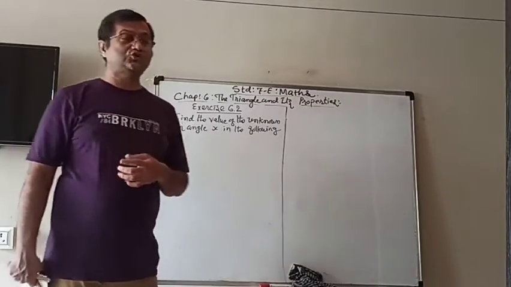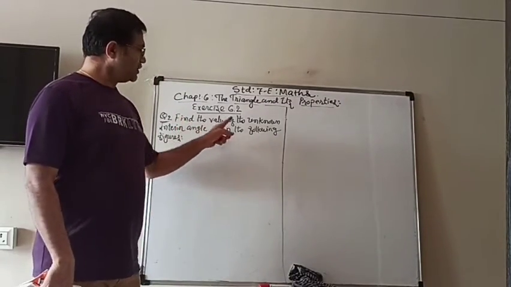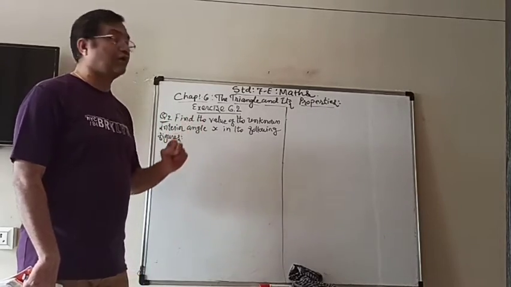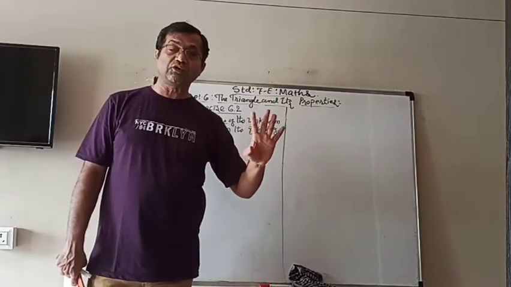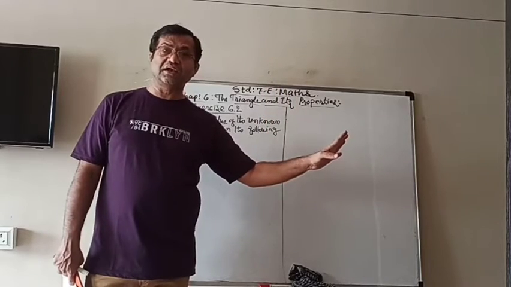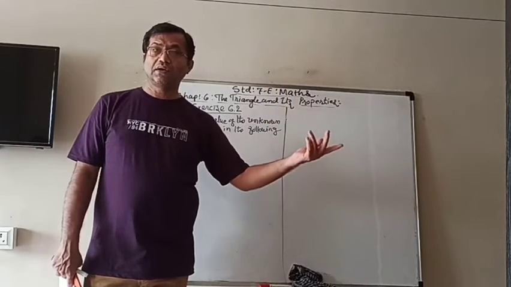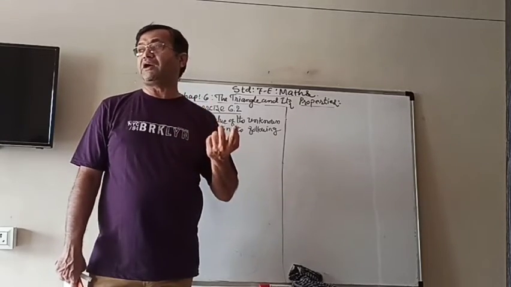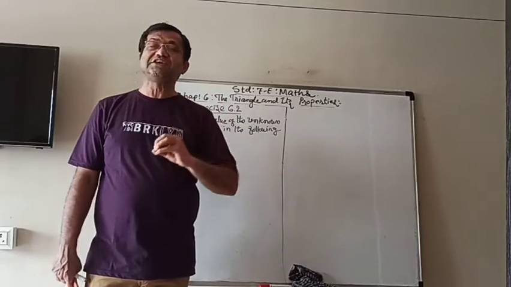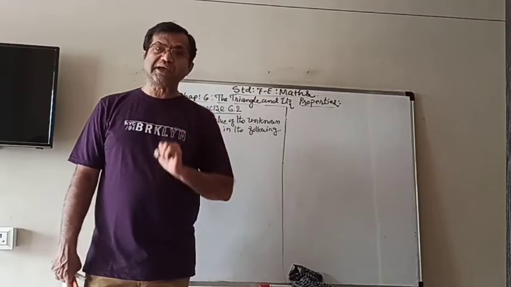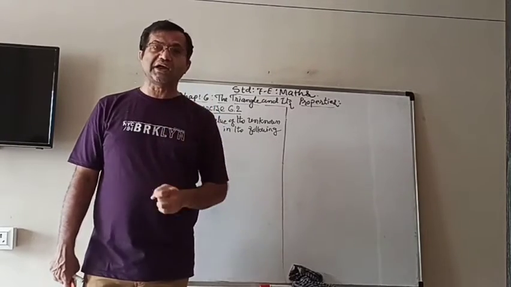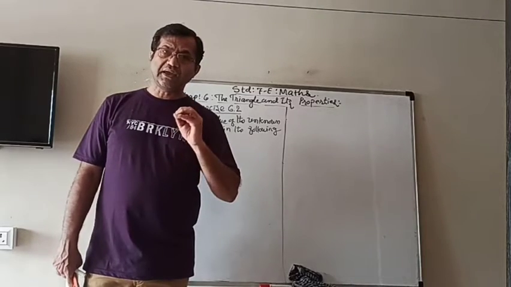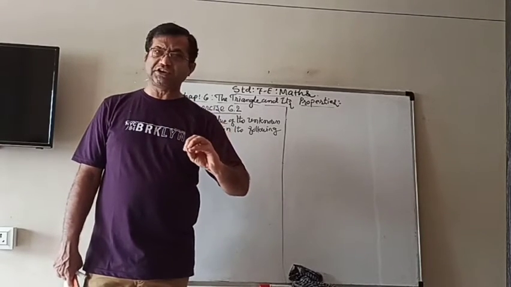Now in question number 2, find the value of the unknown interior angle x in the following figures. In the first question the exterior angle was unknown. Here exterior angle is given, but we have to find one of the unknown interior angles. We have to do the same thing, but be careful, because generally what do they do? Exterior angle equals sum of the interior angles.